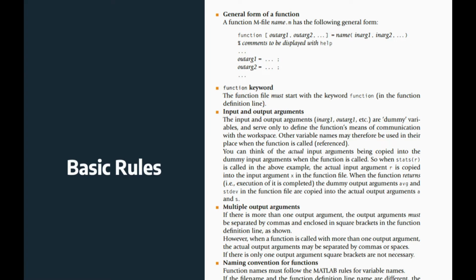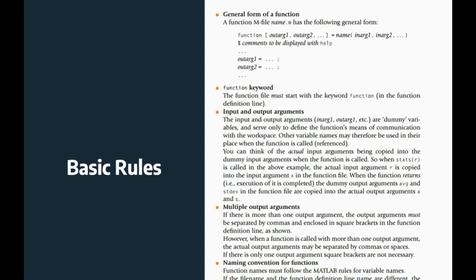Now, if you have more than one output argument, the output arguments must be separated by commas and enclosed in square brackets in the function definition line. So for multiple output arguments, in this case we had one argument. If you have more than one, you open brackets, argument 1, comma, argument 2, and so on.